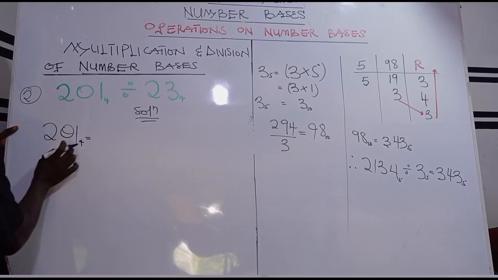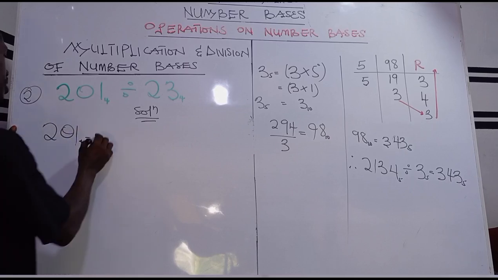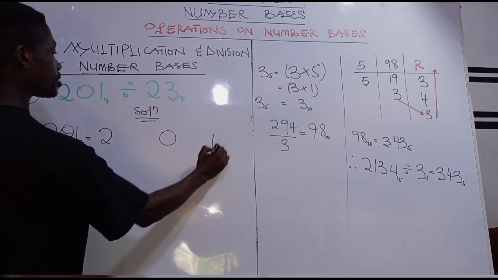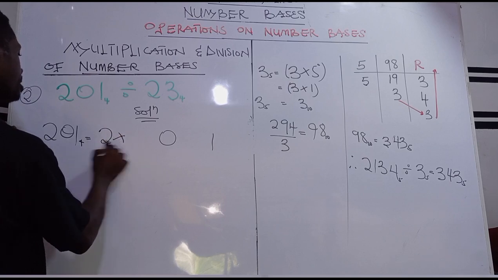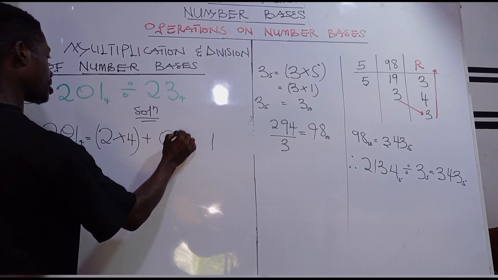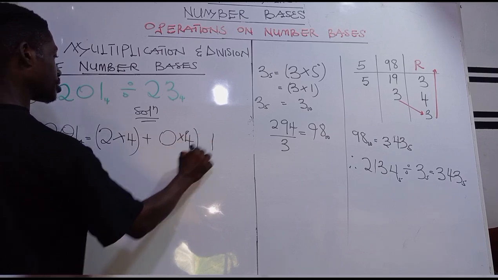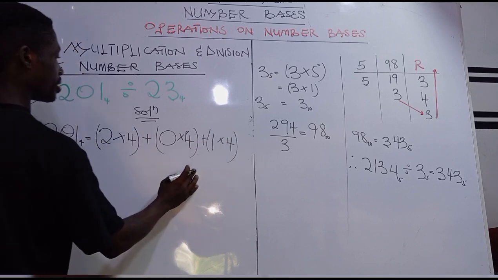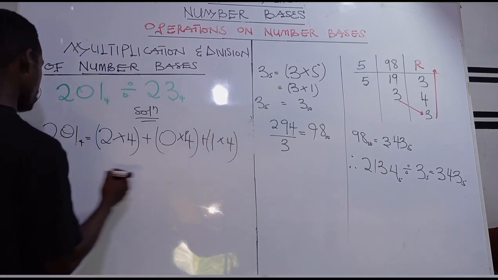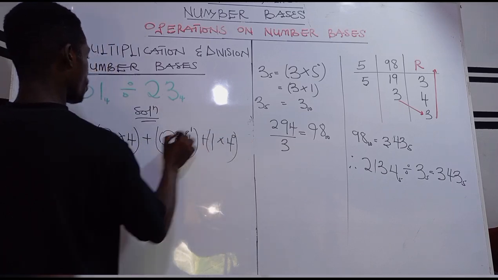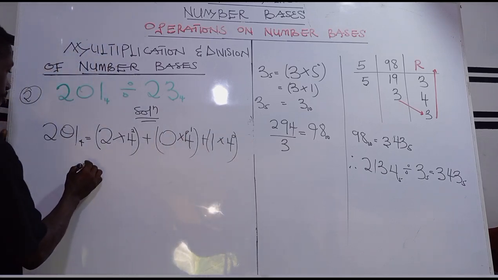You get 2, 0, and then 1, and you multiply each by the base given. Then we start counting from the extreme right to the left, starting from 0, 1, and then 2.